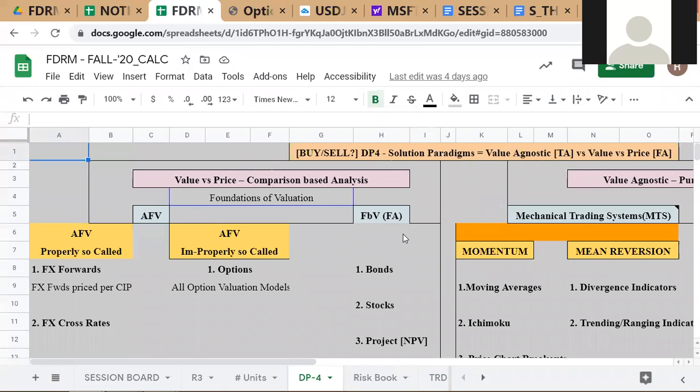You have to understand the context in which those discussions are occurring, and that context is sometimes not explained properly. People just go and discuss valuation, but the context in which that is happening is the DP4, the decision problem number 4.